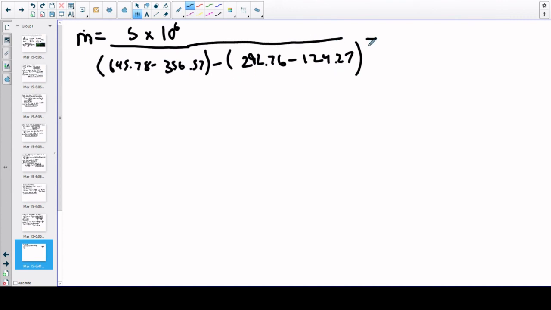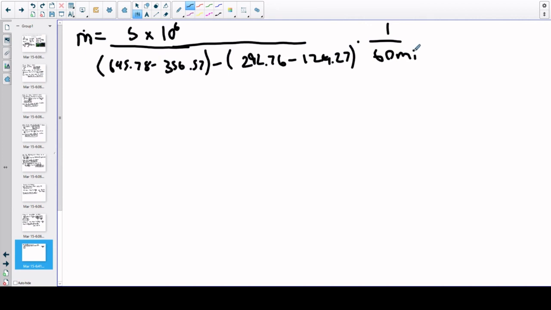But remember, this is different units. The problem asks for it in BTUs per minute, so I have to change the top part from BTUs per hour. Once again, I did not have this calculation handy, so I had to do it on my calculator pretty fast.